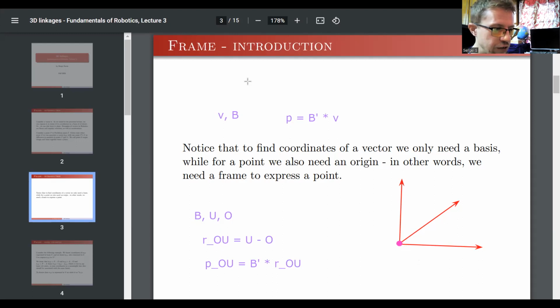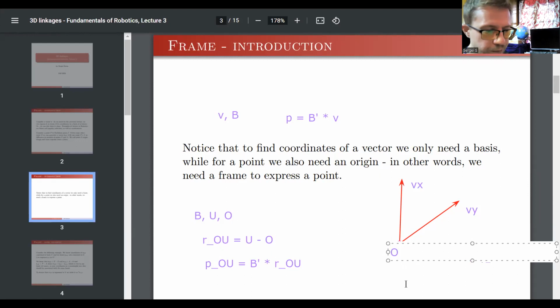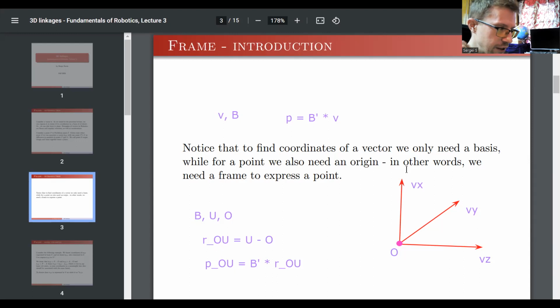So let's say this is Vx, this is Vy, and this is Vz, and here we'll have origin O. So this is a frame. You can think about it as three vectors attached to a point, and this whole construction can float in space, and you can attach it to a rigid body, for example.